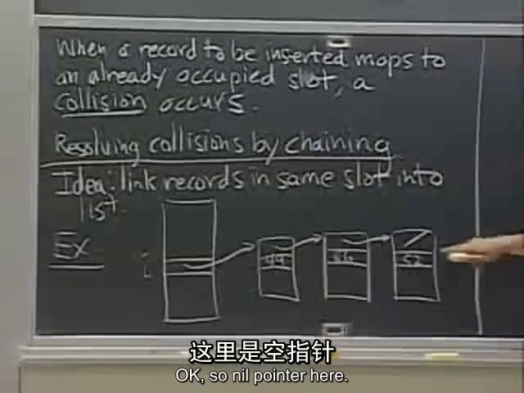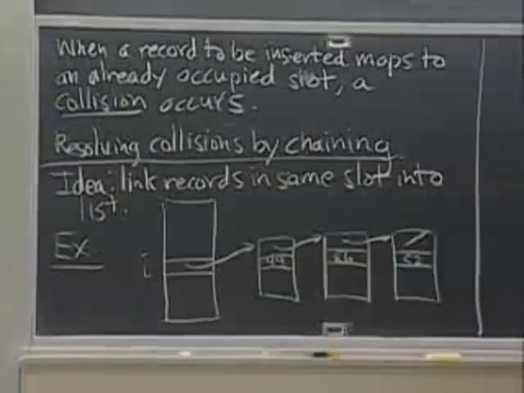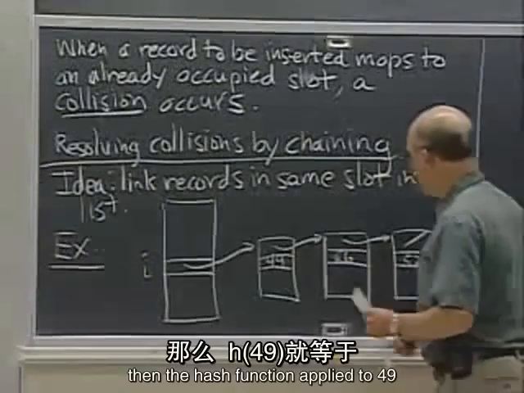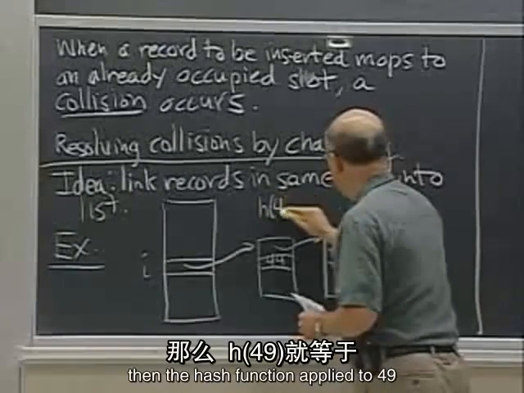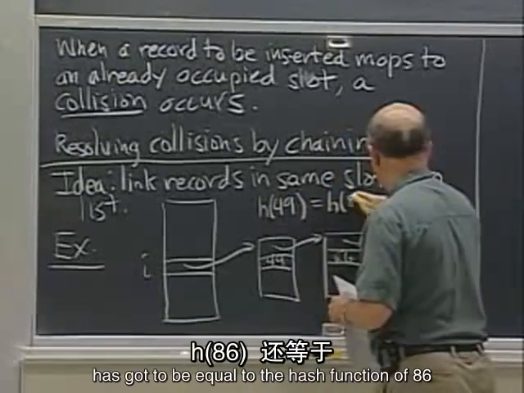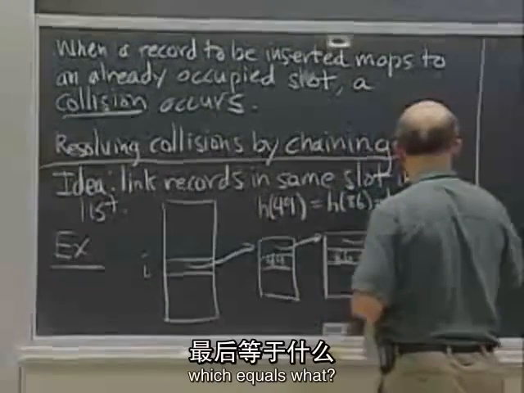So nil pointer here. This is the satellite data, and these are the keys. If they're all linked together in slot i, then the hash function applied to 49 has got to be equal to the hash function of 86, which is equal to the hash function of 52, which equals what?